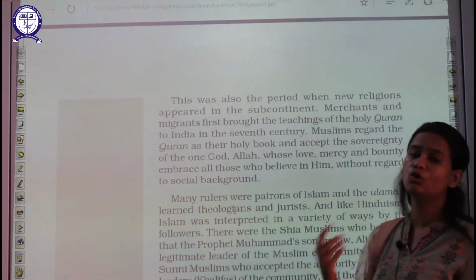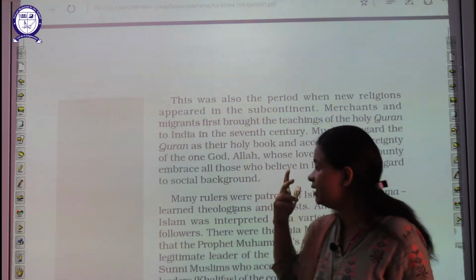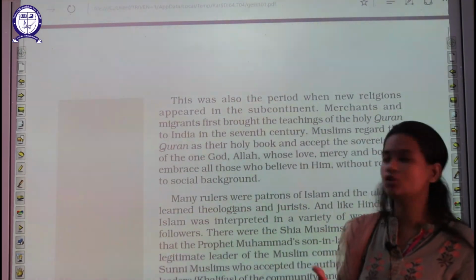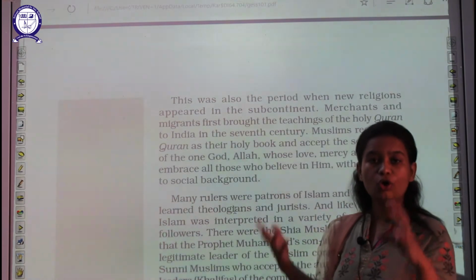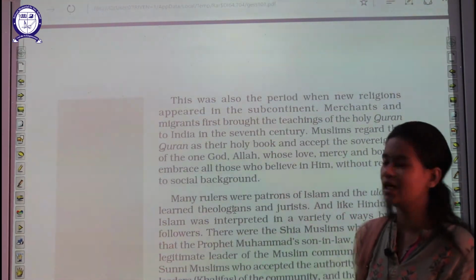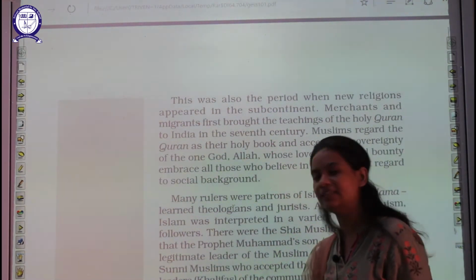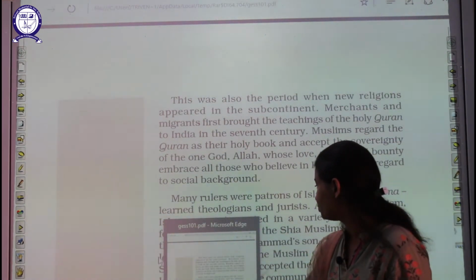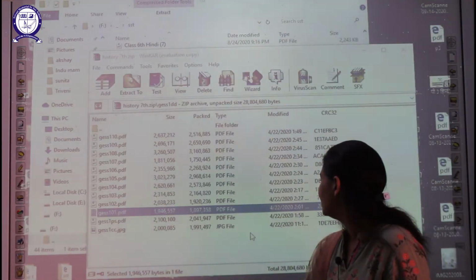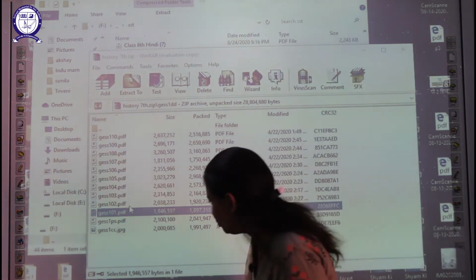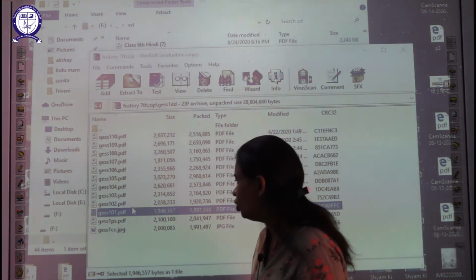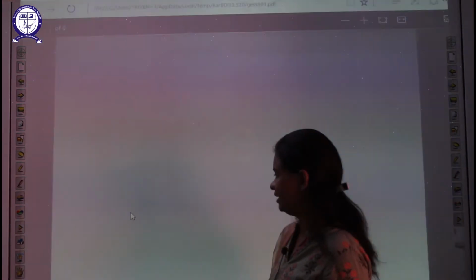You know that their holy book is the Quran, and it signifies God, Allah. So all the teachings of God Allah were mentioned in this book, the Quran. In the same way, other religions were also there who used to follow these practices.